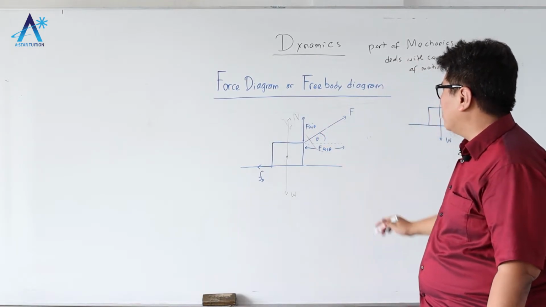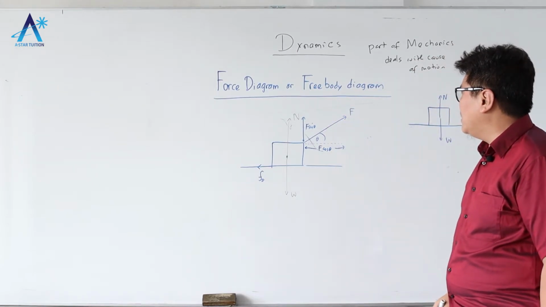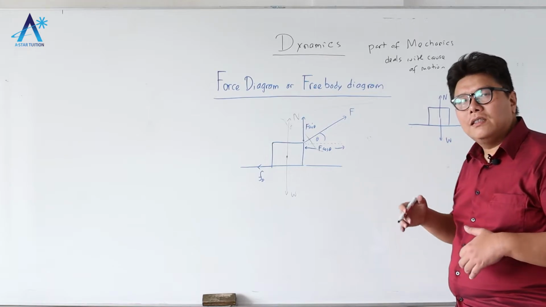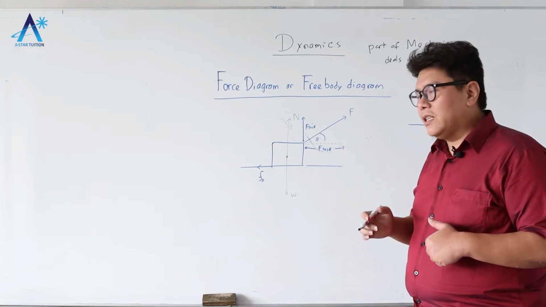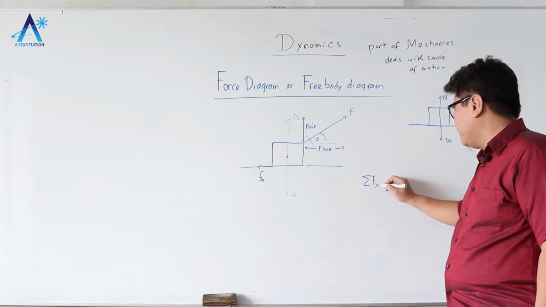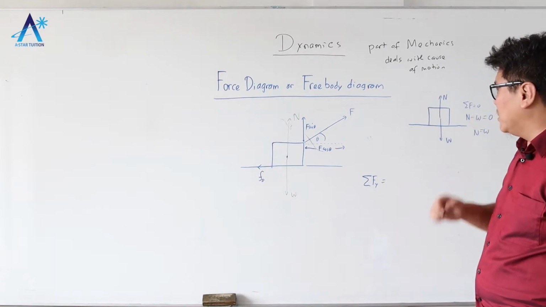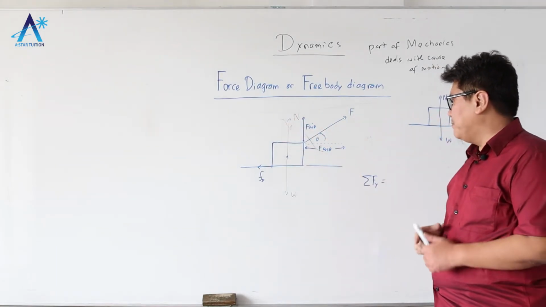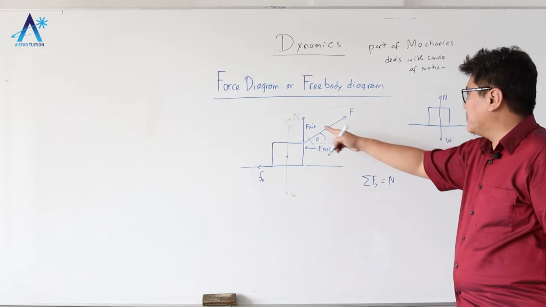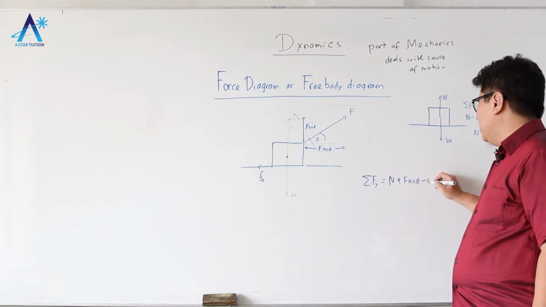After we resolve into components, we need to look at the resultant vertical component and the resultant horizontal component. Let's look at the resultant vertical. You see that there's N upward, F sine theta also upward, and W downward.